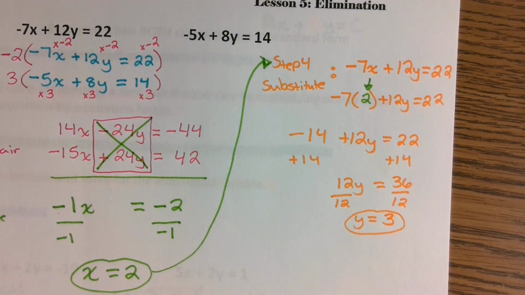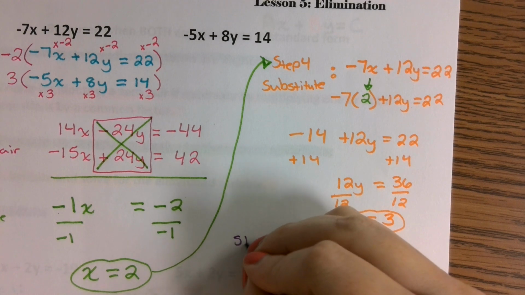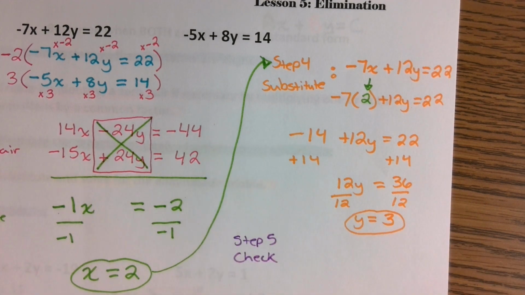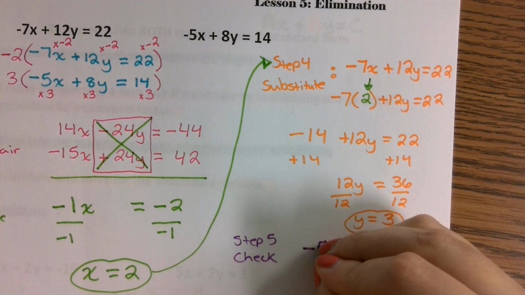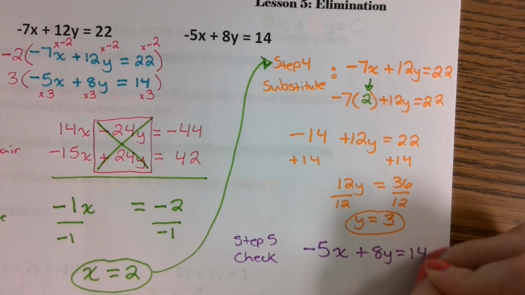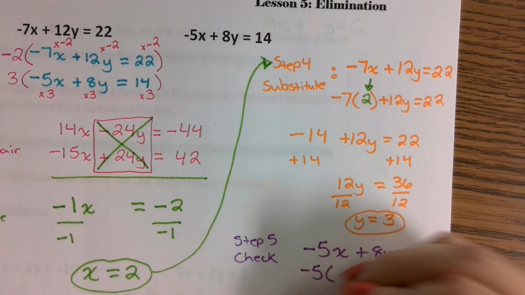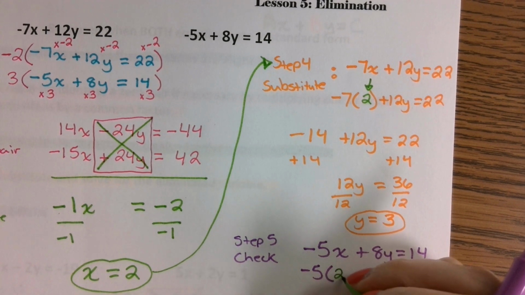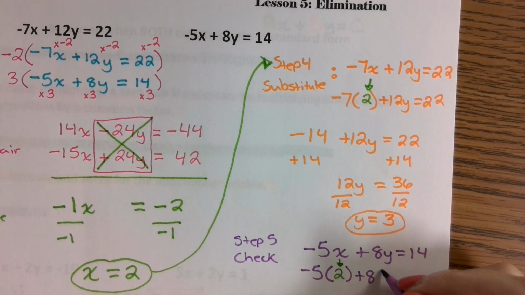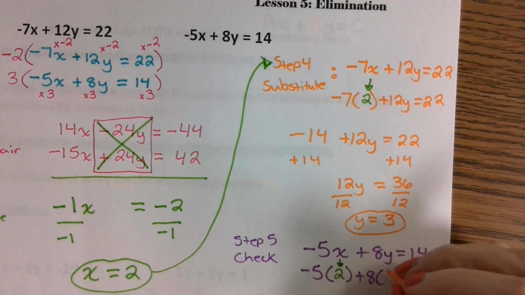Last thing to do is just to check. Okay, so we're going to substitute everything into negative 5x plus the 8y is equal to 14. So instead of negative 5 times x, it's negative 5 times 2. Instead of 8 times y, it's 8 times 3.